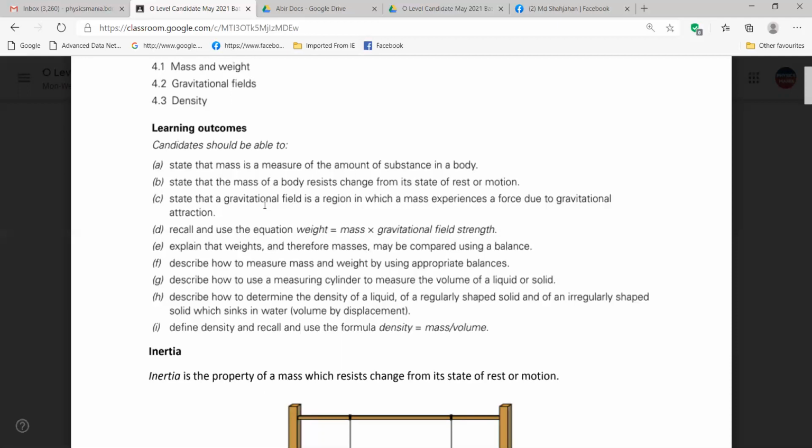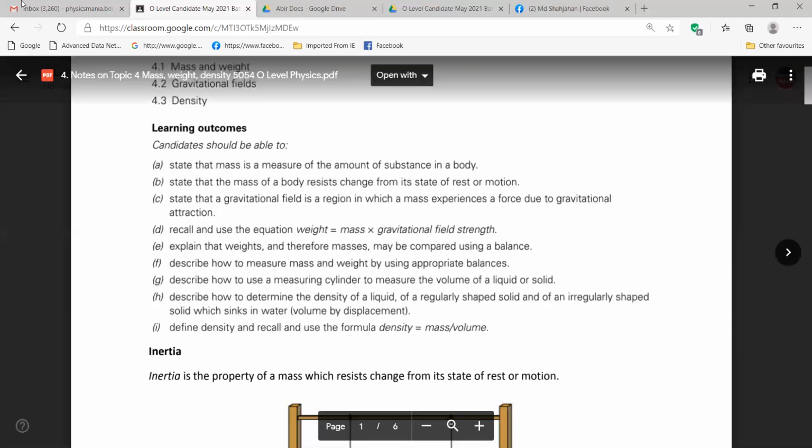Now we have here the formula of weight. Weight is the product of mass and gravitational field strength, right? Yes. And here we have this formula, gravitational field strength, how it comes.